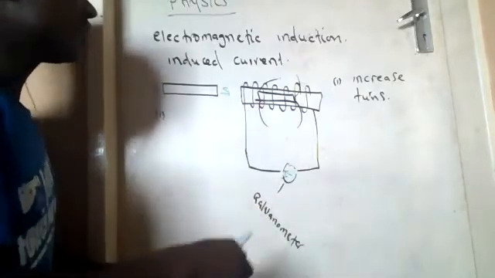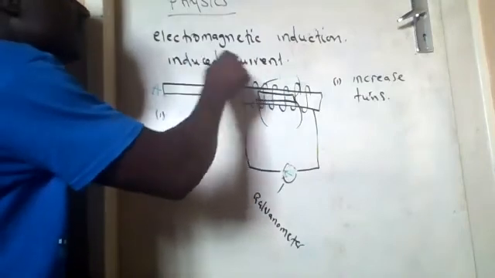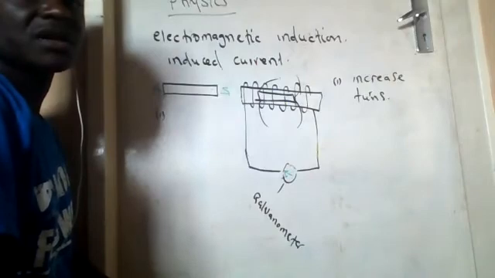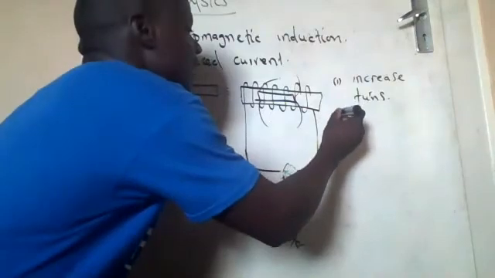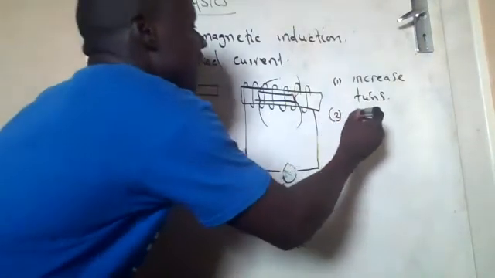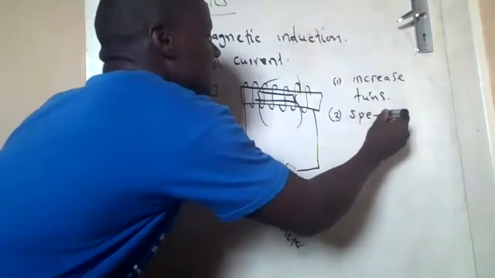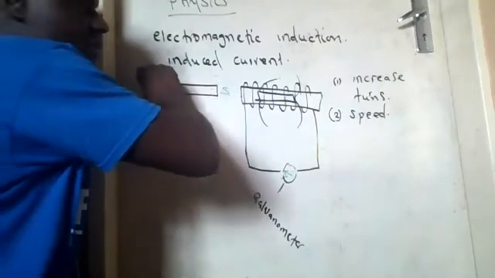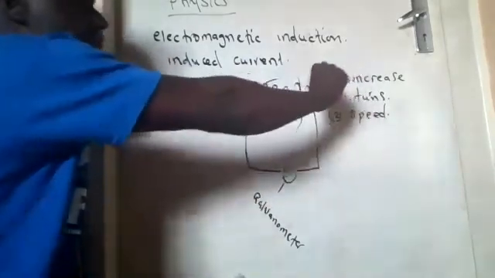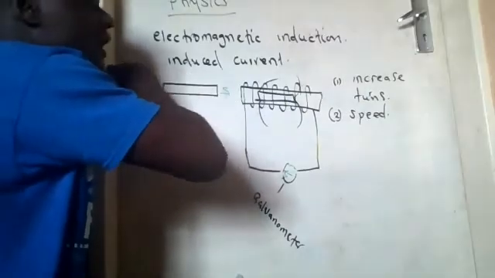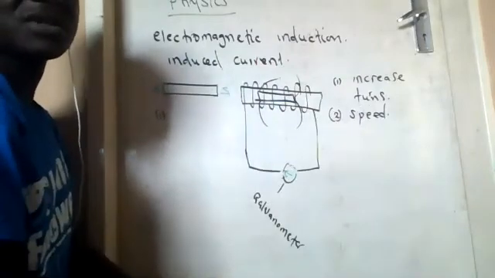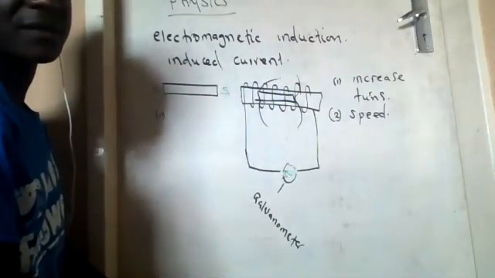When you have a lot of wires in the solenoids, you are increasing the size of the current which is being produced. The other way to increase the size of the current is by increasing the speed at which the magnet is going inside of the solenoid. When we increase the speed, we are increasing the size of the induced current that is produced.